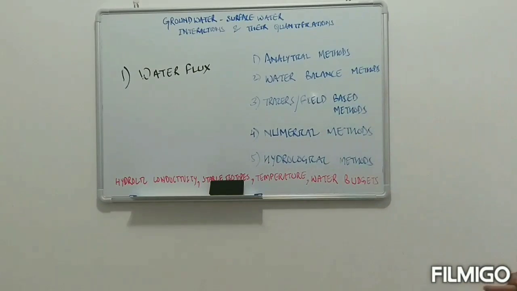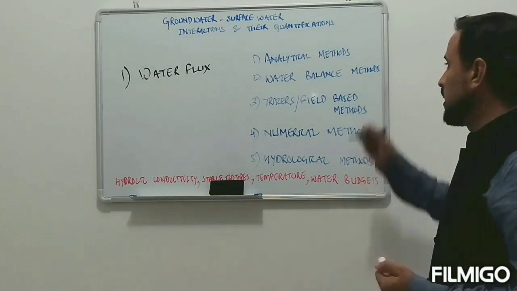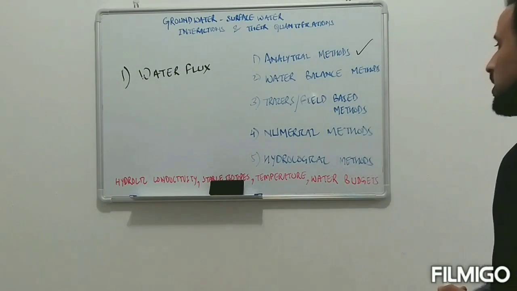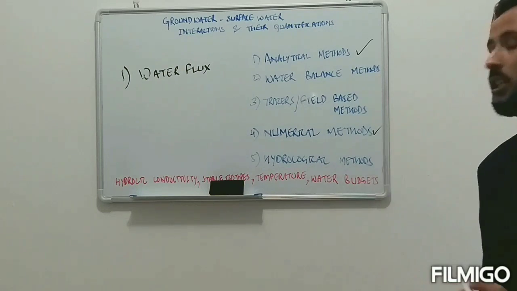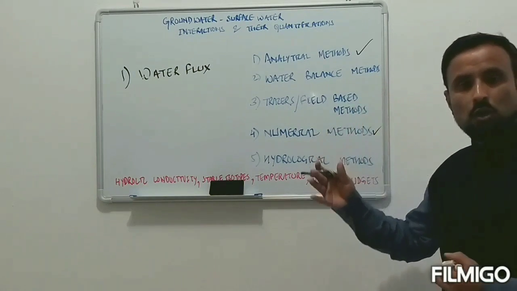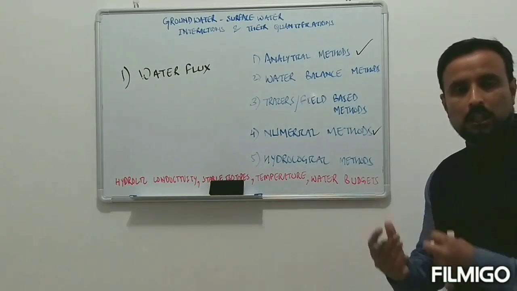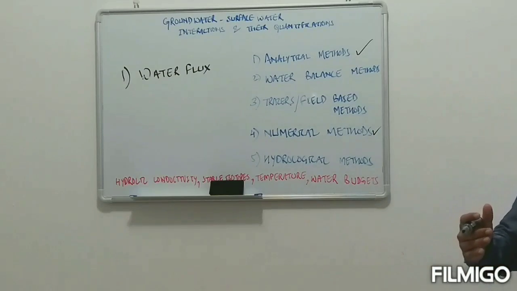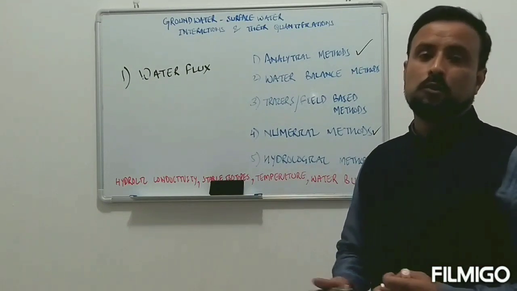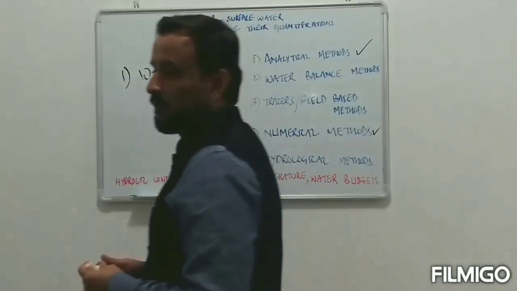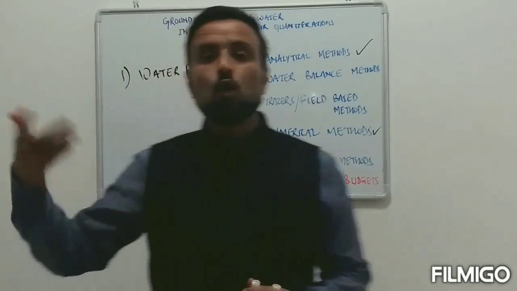Among these 5 approaches that I have written here, the analytical methods and numerical methods can tell you about the groundwater surface water interaction and its outcomes. Its outcomes mean it predicts how an interaction can change over time.